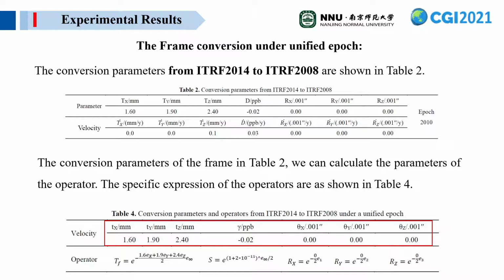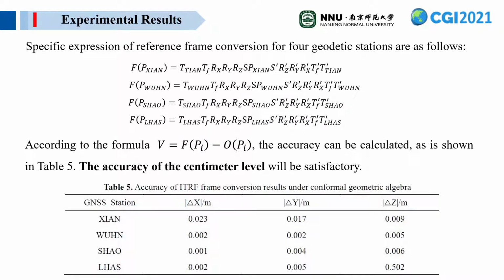According to the conversion parameters, we can calculate the parameters of the operator. The specific expression of the operator is as shown in Table 4. The specific expression of the reference frame conversion is shown in the formula.